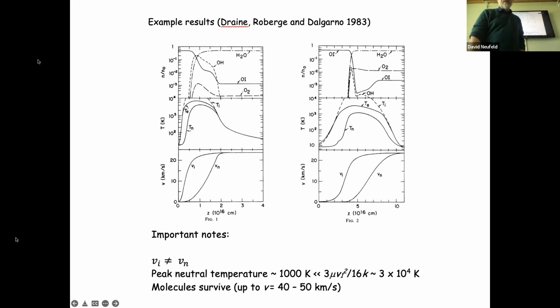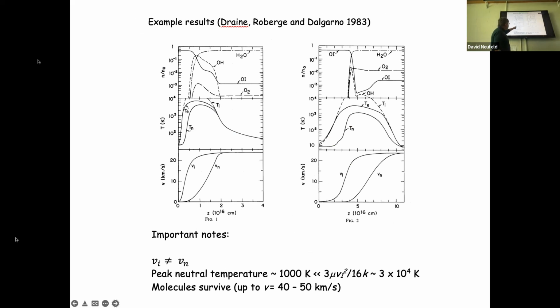And so here's one of the key papers in the subject, which he wrote with Wayne Roberge, whom I mentioned yesterday, and Alex Dalgarno in 1983, which basically showed the structure of the C-type shocks.